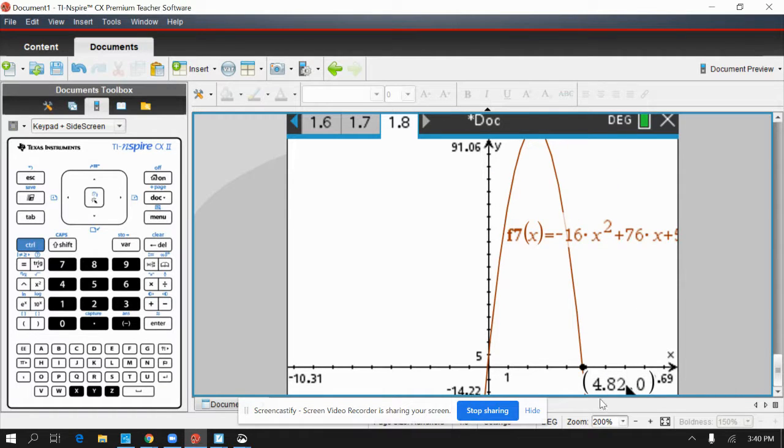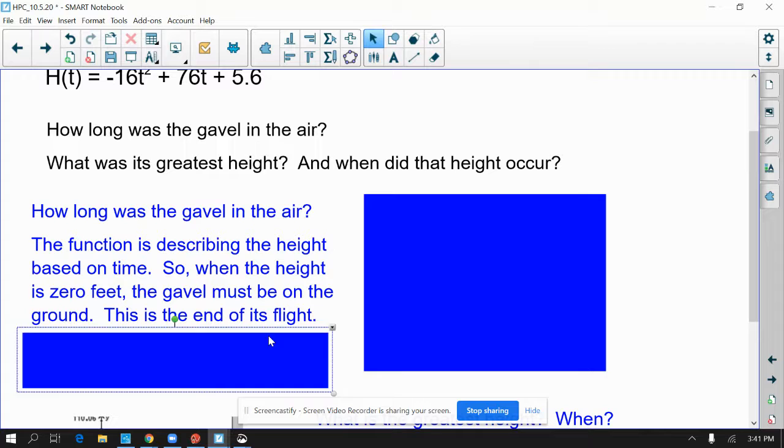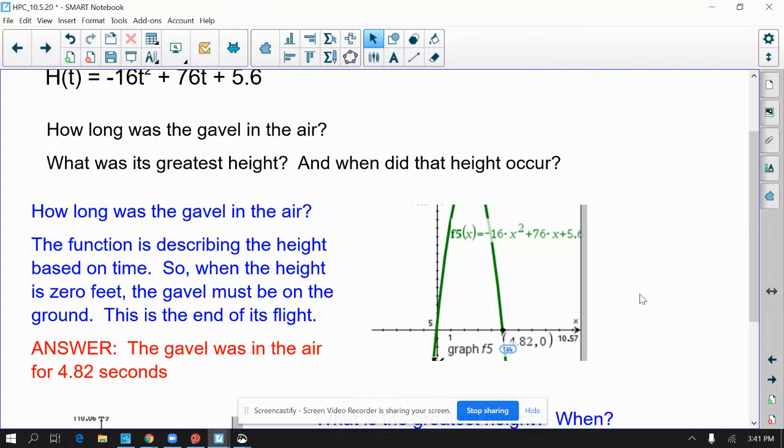When x is 4.82, y is 0. So what does that mean? That means 4.82 seconds after she threw it, the gavel is on the ground. So that's how long it was in the air. It was in the air for 4.82 seconds.